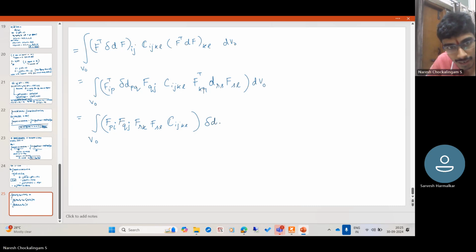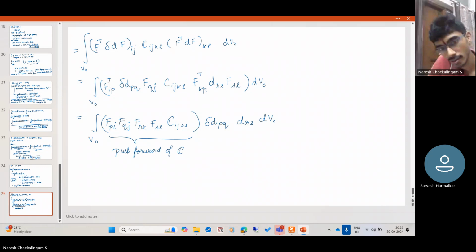Del D PQ D RS dV naught. But what is this? This is the push forward of CIJKL. And in the hyperelasticity chapter, we also defined the spatial elasticity tensor.